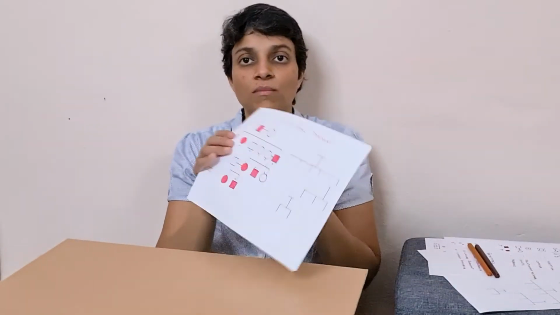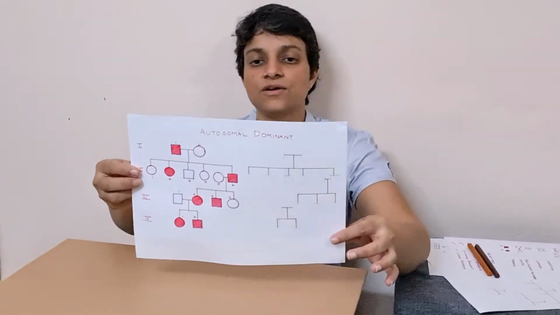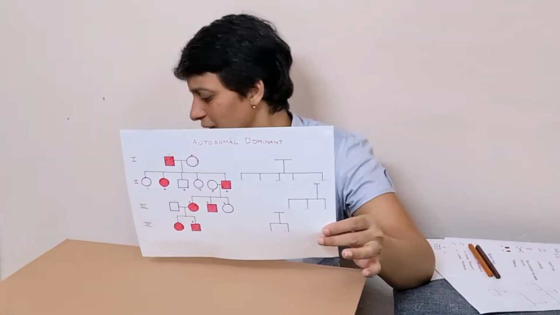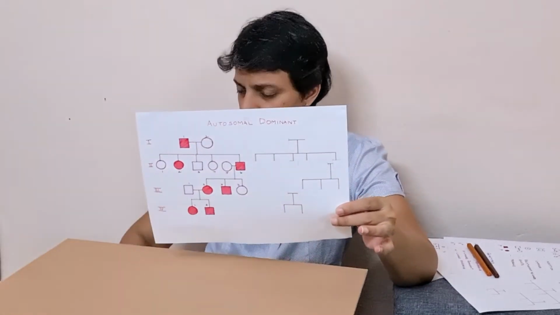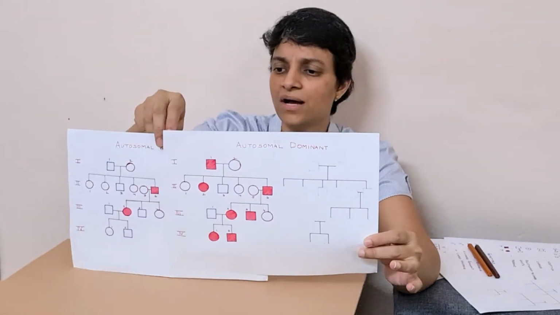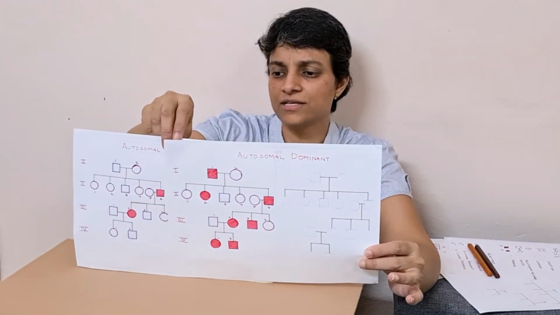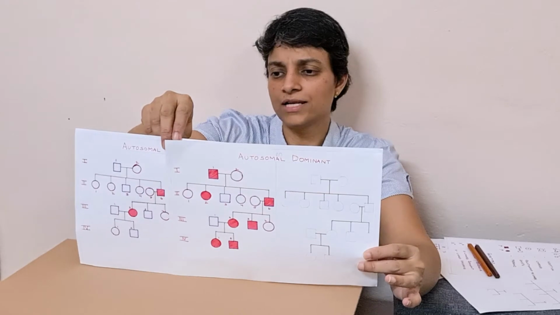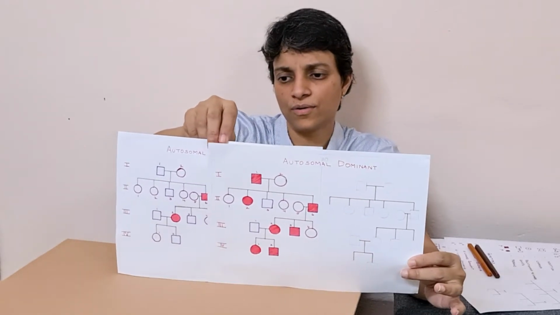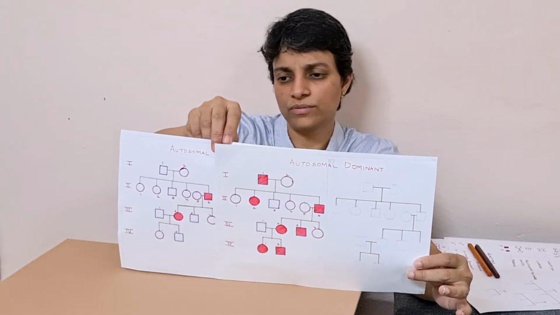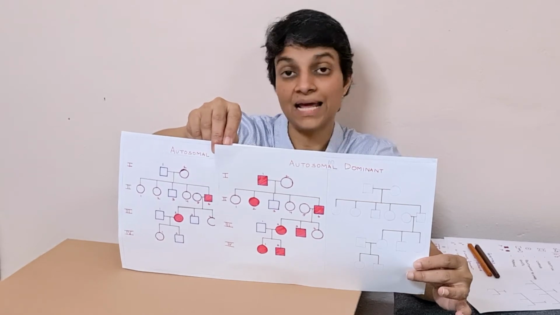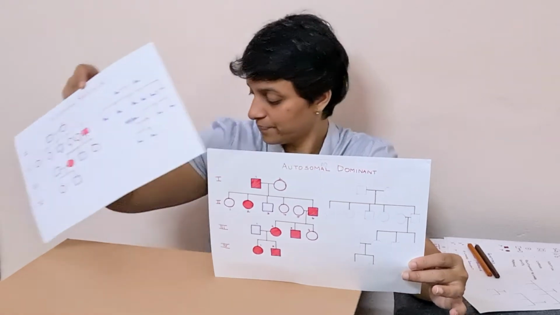This is an autosomal dominant pedigree, the same pedigree in which we marked different individuals as affected, so that we will have a clear understanding of how the analysis of a pedigree has to be done.